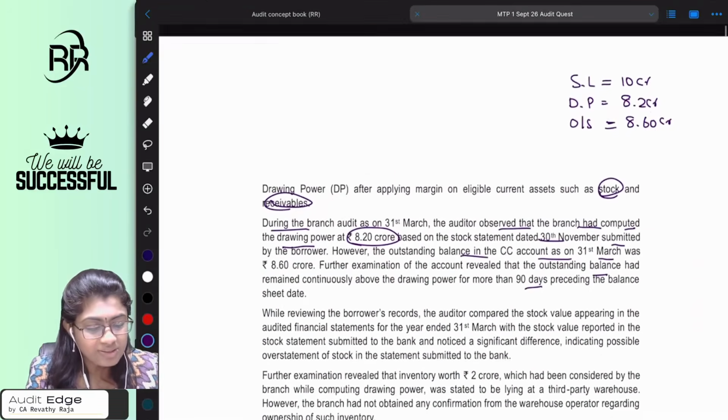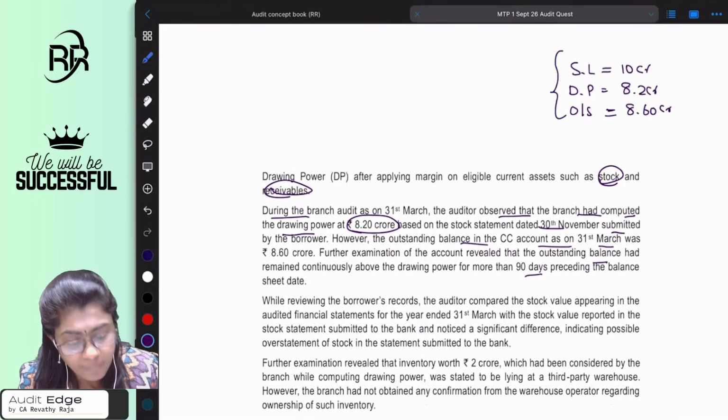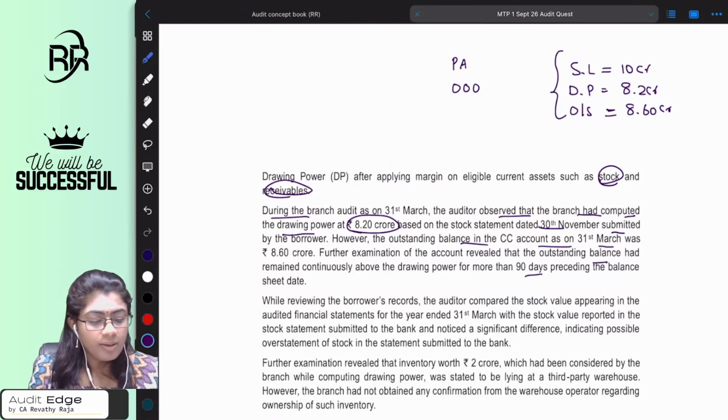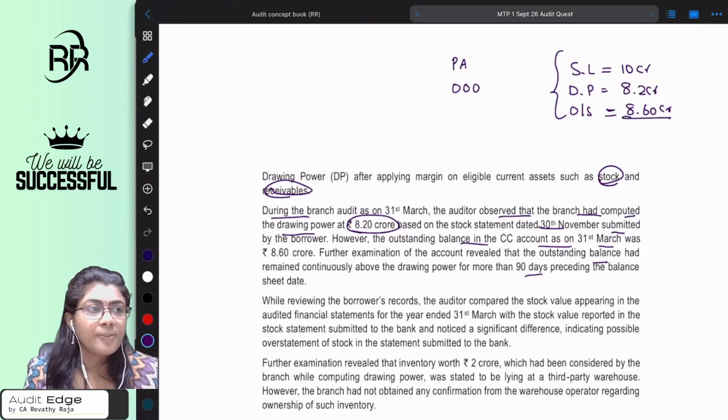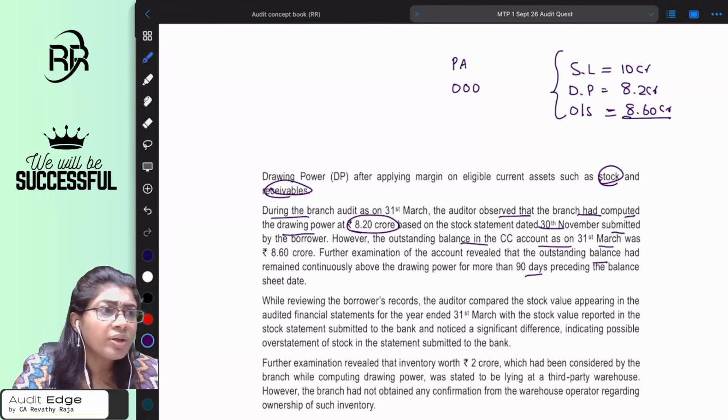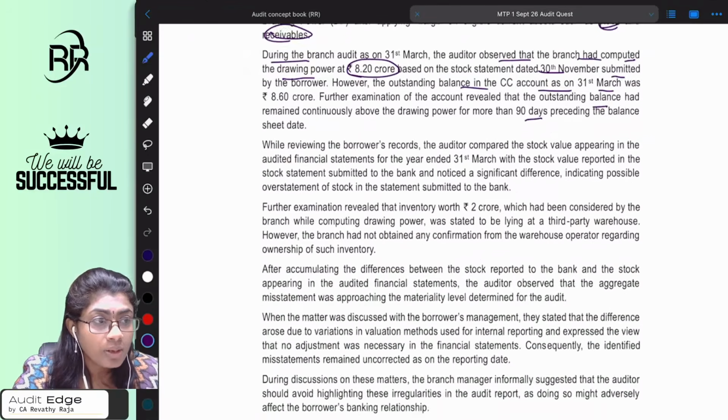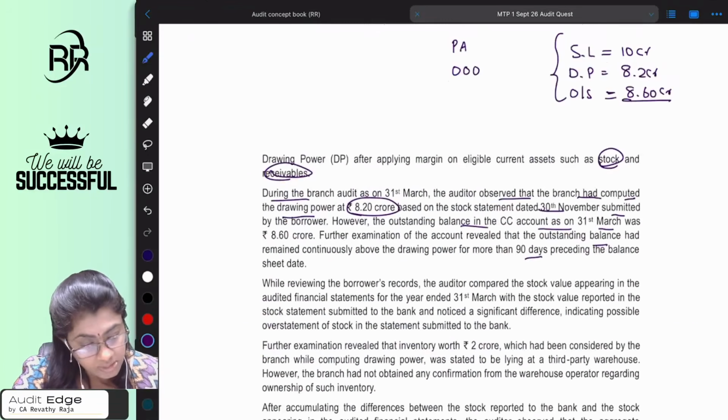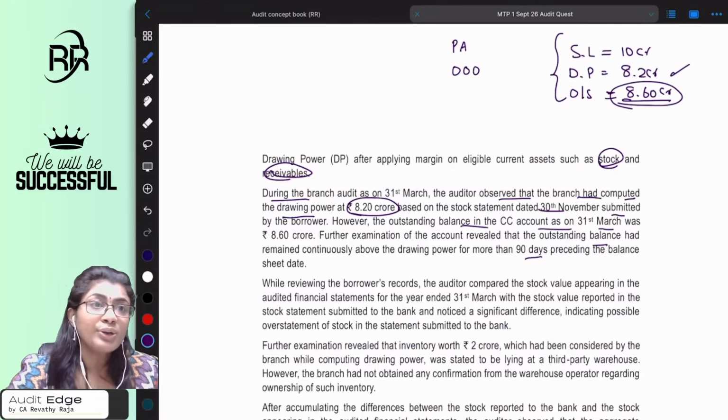And without even seeing the answer, can you say it is out of order? Yes. Why is it out of order? Because our outstanding amount exceeds the drawing power.